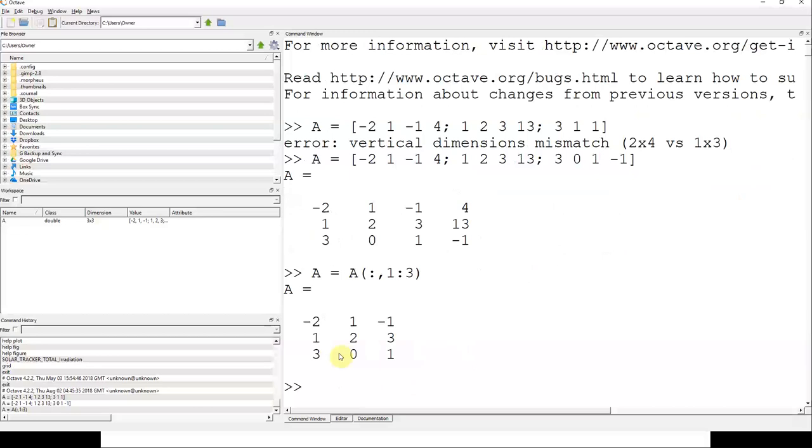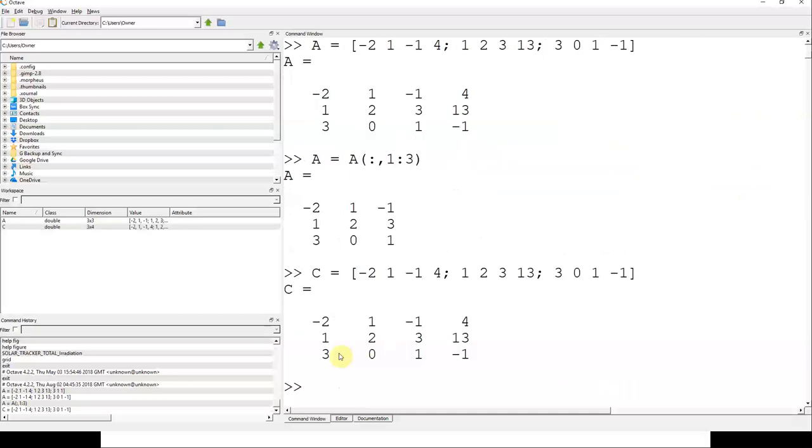So I just destroyed my first A. Let me go back and call that first thing B. No, let me call it C. So we're calling that C. So now we have A, and we have, I'm calling it C, right?